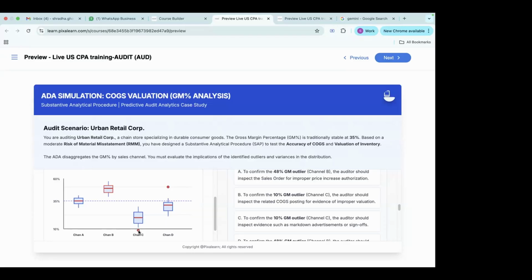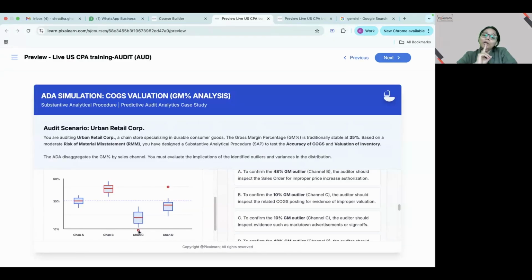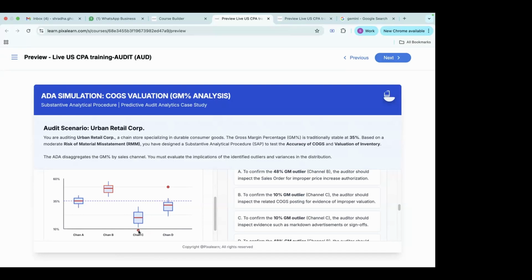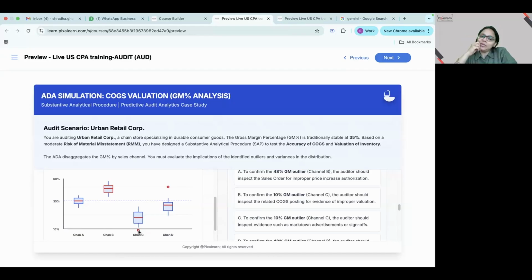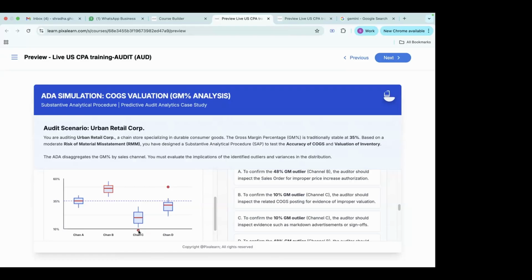I'm asking about the outlier. The outlier means maybe one of the products, the sales must have been made at a very low gross margin. Have you understood what I'm trying to say? Yeah. I suspect an error in COGS posting for that one occurrence.